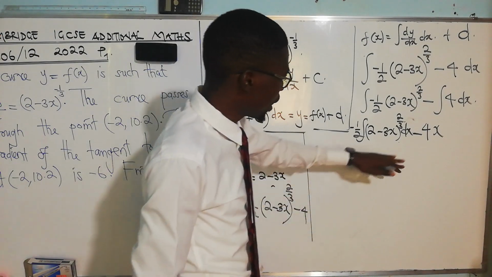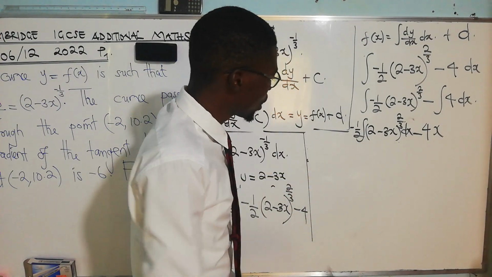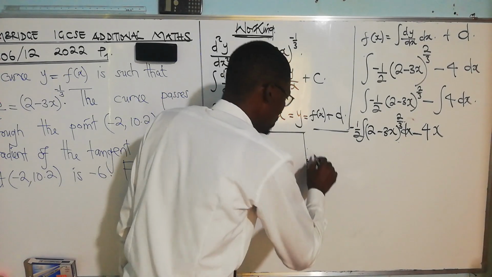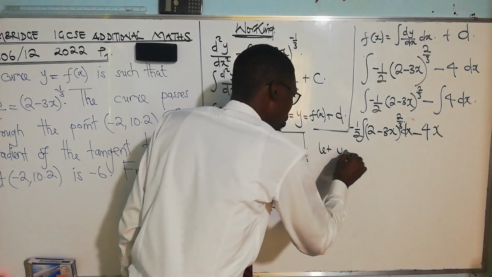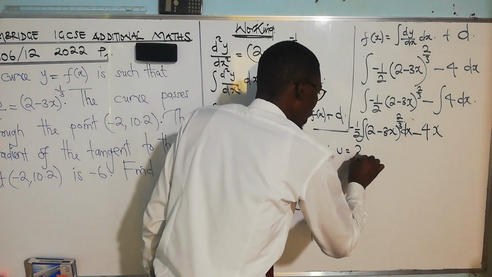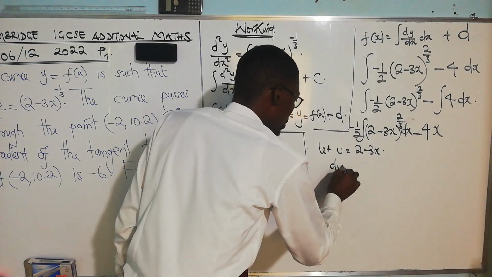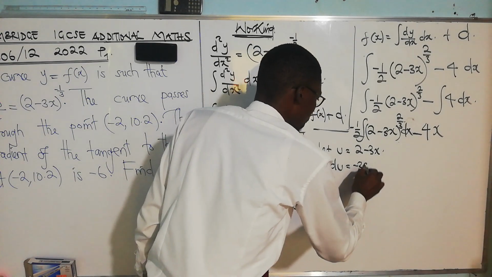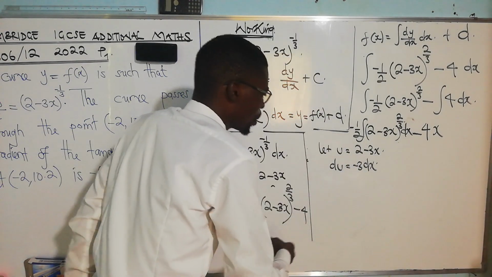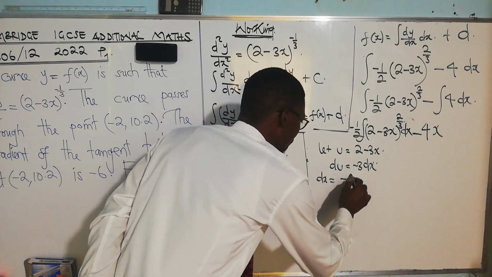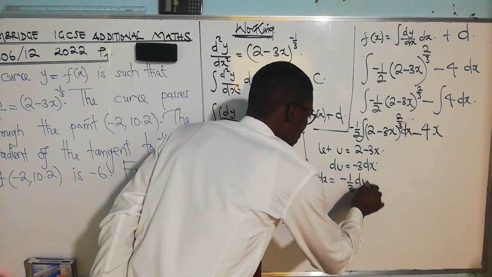Now let us integrate this one and see what we're going to have. We just still use u substitution. So you let u be equal to 2 minus 3x, meaning du will be equal to negative 3 dx, just like we've been doing. Then dx is going to be equal to negative 1/3 du.